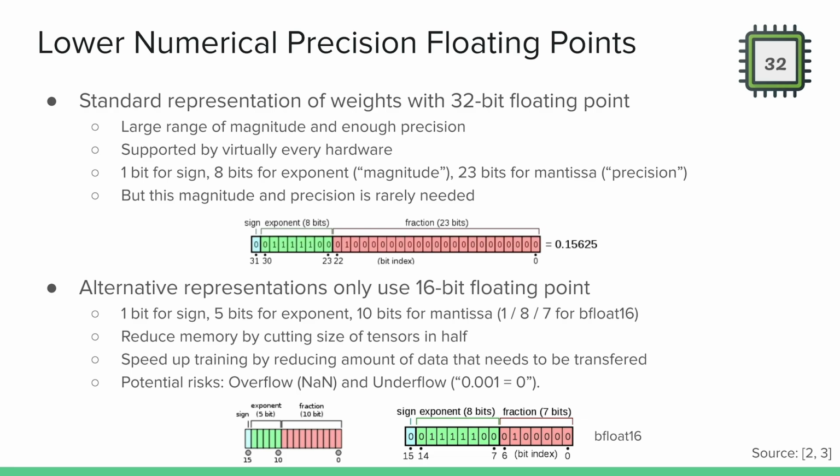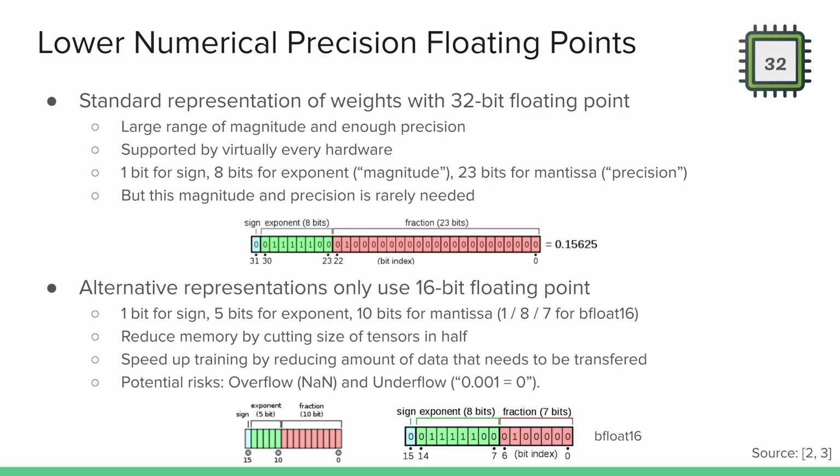One of those bits is used for the sign, to say whether we have a positive or negative number, 8 bits for the exponent, which says how big our numbers can get, and 23 bits for the mantissa, which says how precisely we can represent our float number.